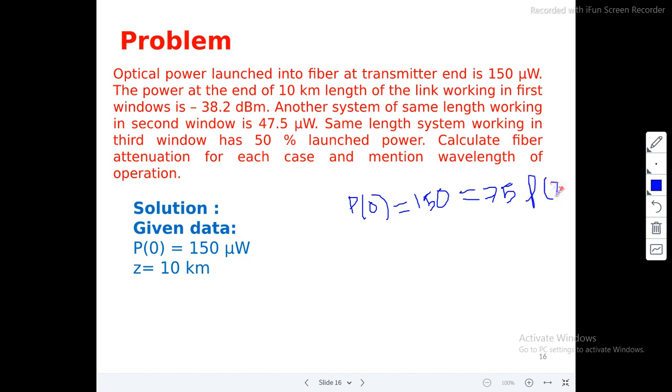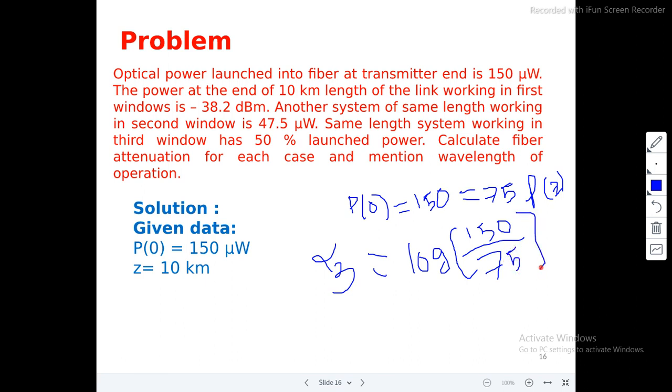So you calculate the alpha 3 value. What is the formula for alpha 3? The attenuation constant alpha 3 is equal to 10 into 1 by Z. The Z value is also 10, so 10 and 10 are cancelled. Therefore the final value is logarithmic of P of 0, which is 150 microwatts, by the output power P of Z, which is 75.